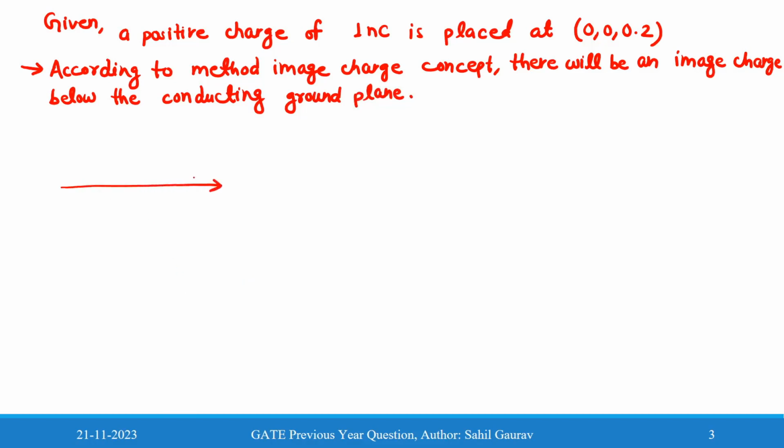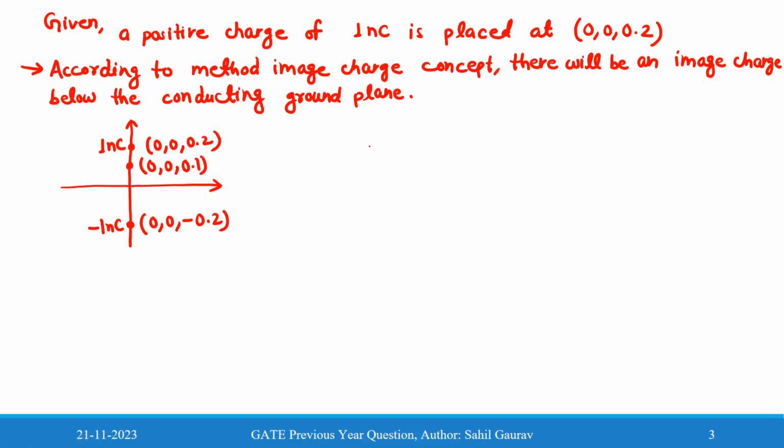So therefore we can make this figure like this. Suppose this is ground plane, then we are having this 1 nanocoulomb charge present at 0.2, and therefore according to image charge concept, this opposite charge will be present at 0 minus 0.2, and we have to find this electric field at 0.1.